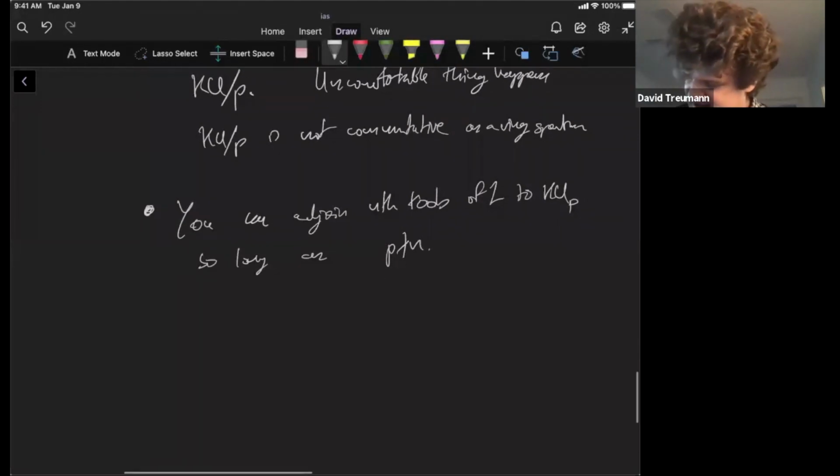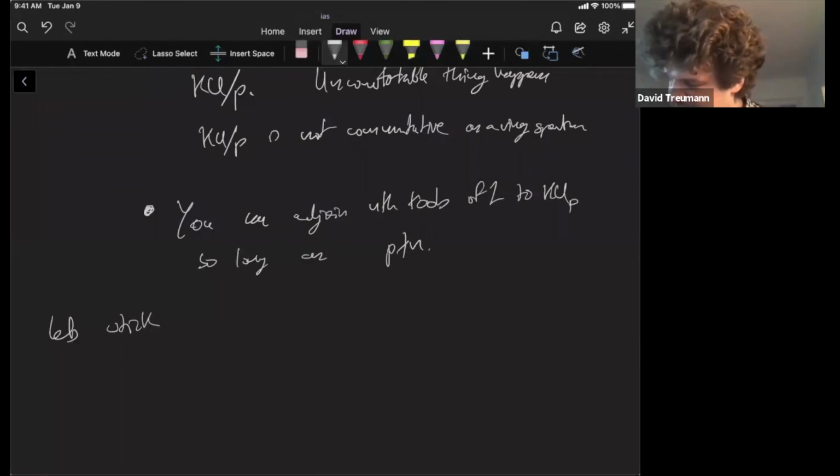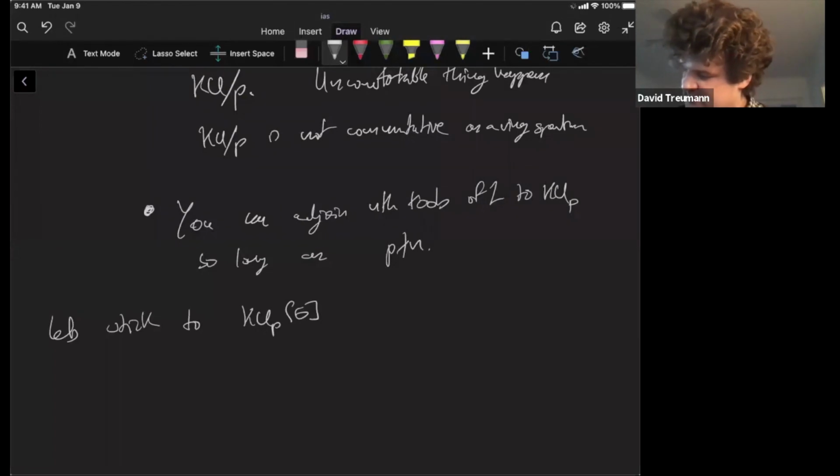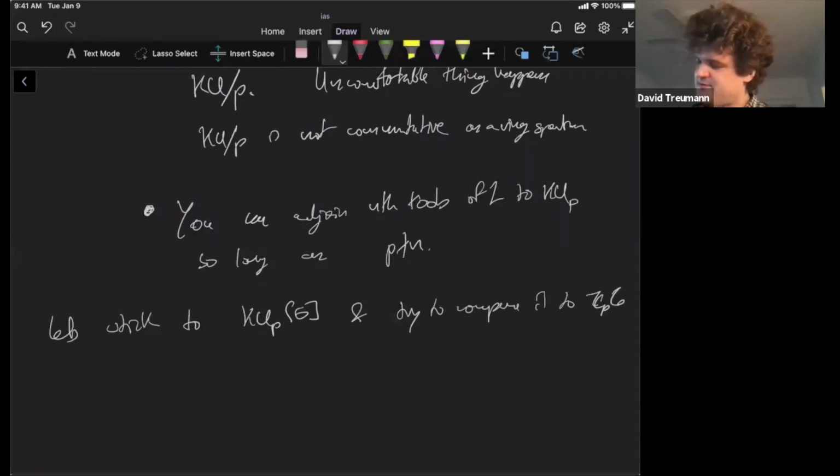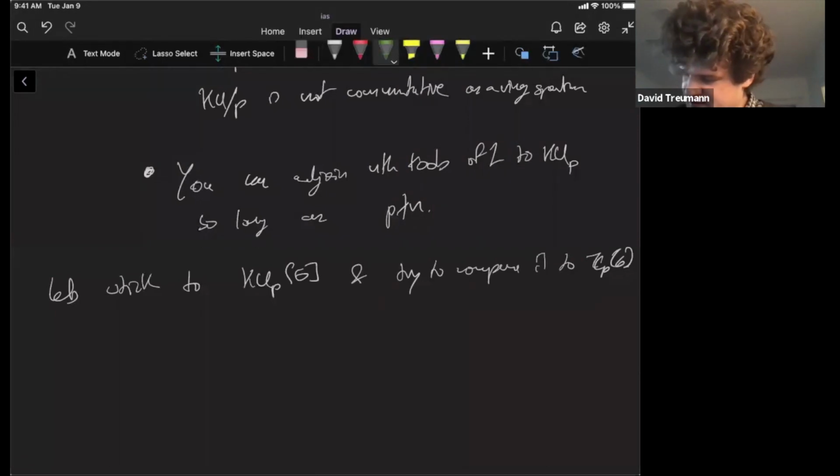Okay, so let's stick to KUPG and try to compare it to the group algebra with p-adic integer coefficients. So here's a notation.